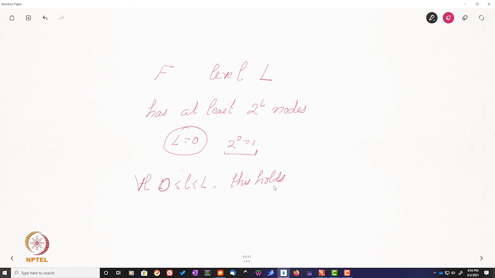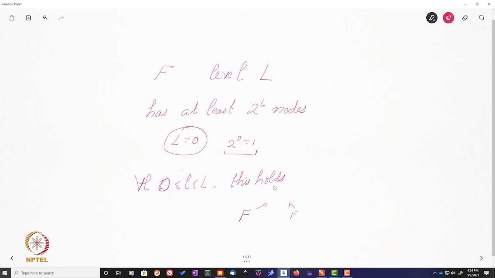How do you go to level L plus 1? You go to level L plus 1 only when two such fragments combine. Otherwise you remain at the same level and then only smaller fragments come and keep on joining you, which is fine. So then this induction hypothesis will still hold.